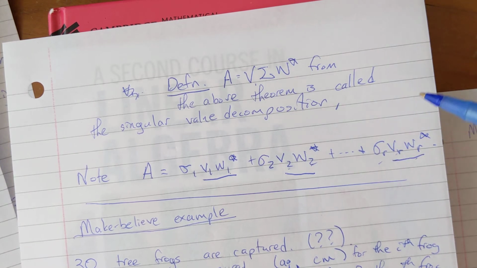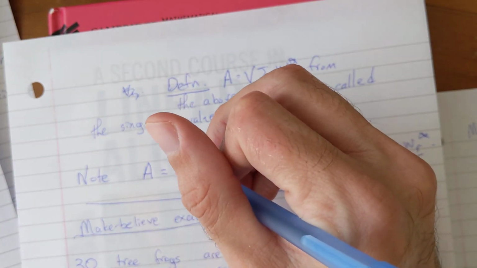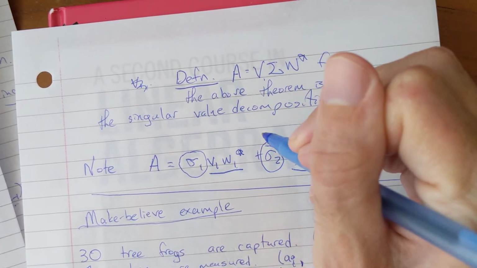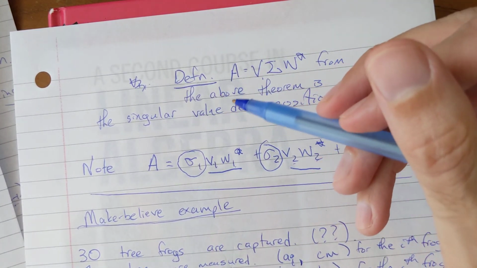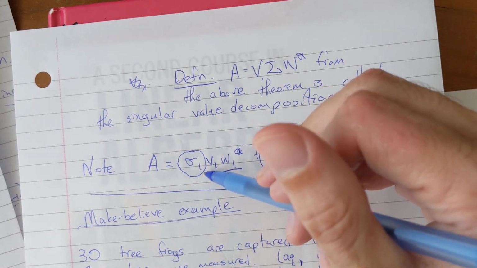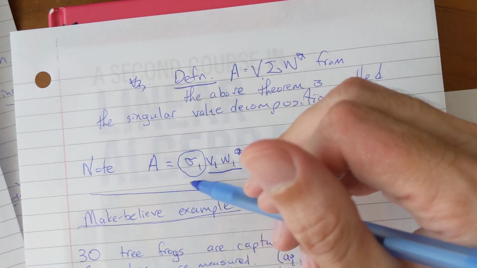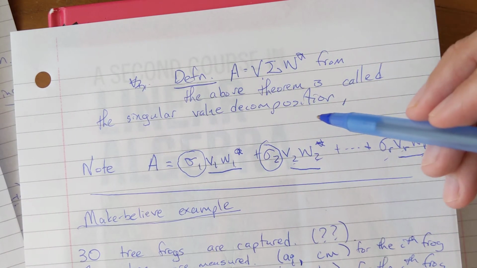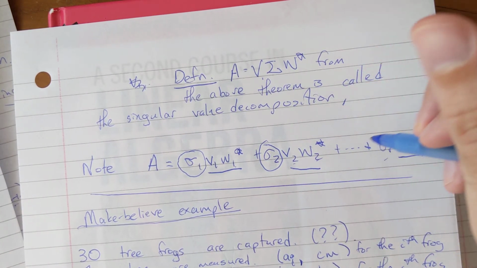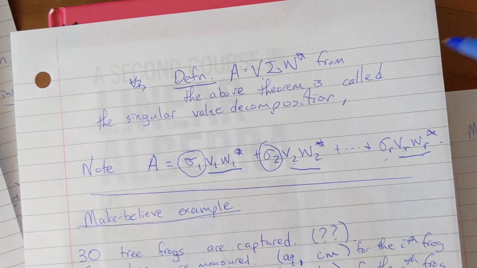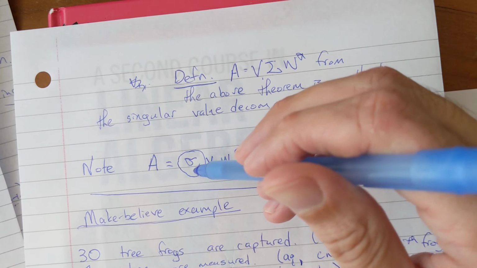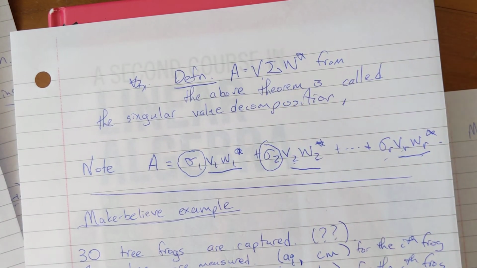So the behavior of A is really determined by these singular values. What can happen is that the biggest singular value, or the biggest 5 singular values, might be large, and then the rest might decay and be really small. And then we can approximate A by looking at the biggest singular values.